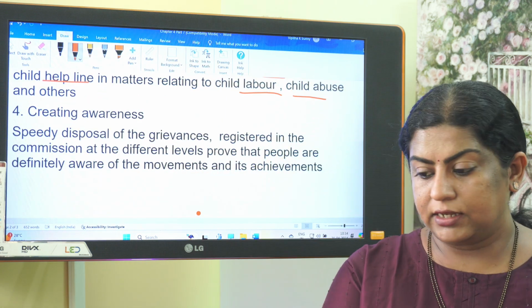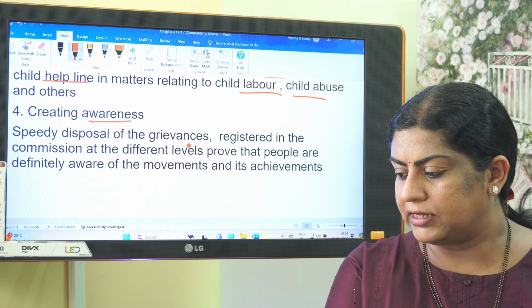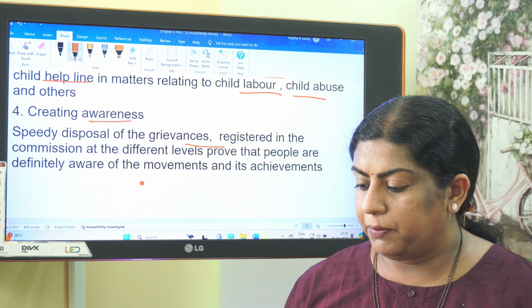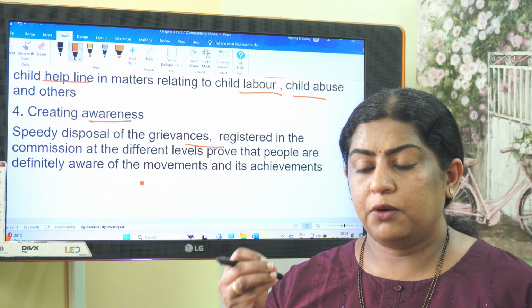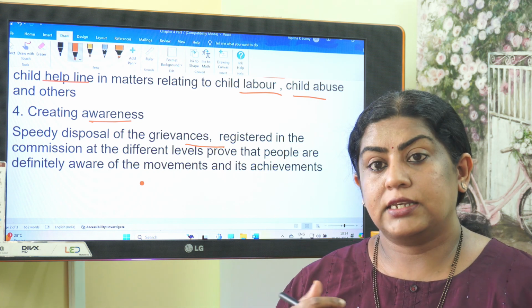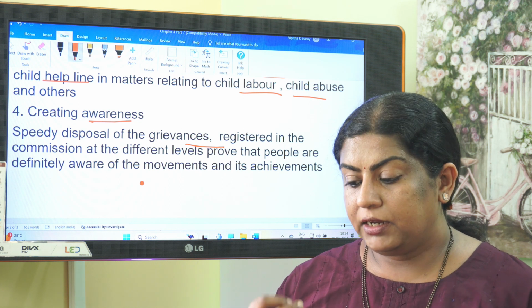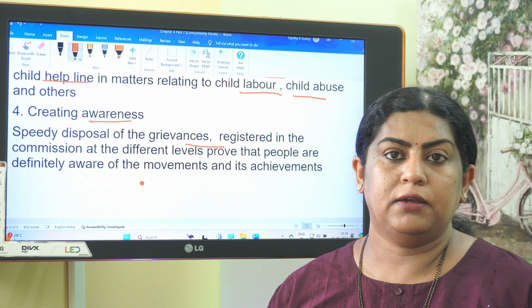Next is creating awareness. Speedy disposal of grievances registered in the commission at different levels proves that people are definitely aware of the movements and their achievements. See, now the grievances or complaints are taken very seriously, and speedy remedies are given to the problems.